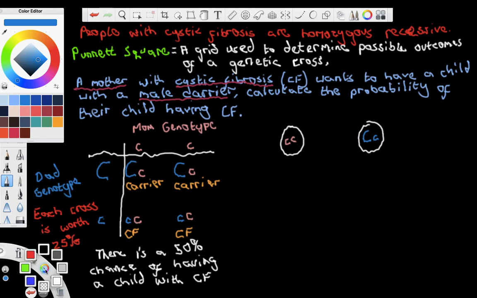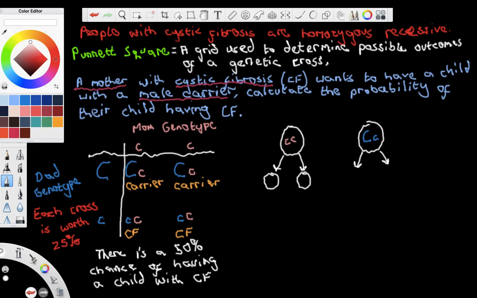We would then draw arrows to show the possible genes or the possible alleles each parent can provide. So we would draw some circles, or you would be given some circles, into which we would put the gametes. So remember, mom's egg can only ever contain a lowercase c, whereas dad's sperm, because he has this dominant allele, could contain a dominant allele or a lowercase allele.